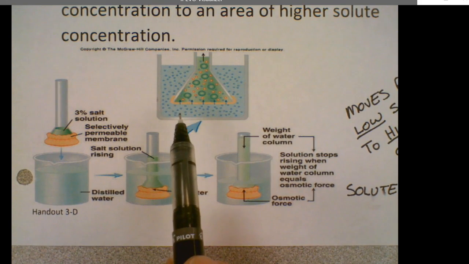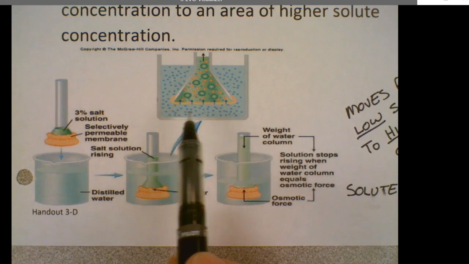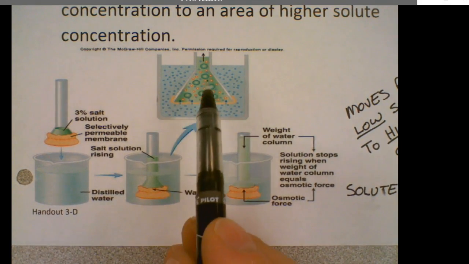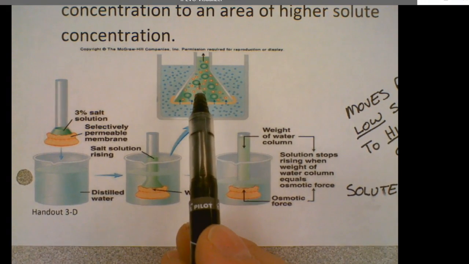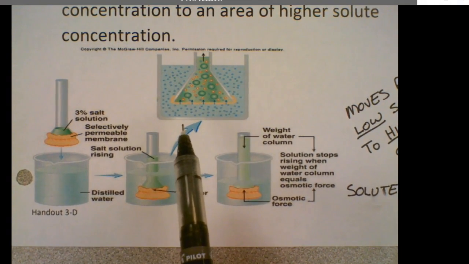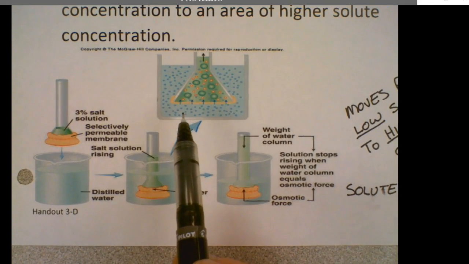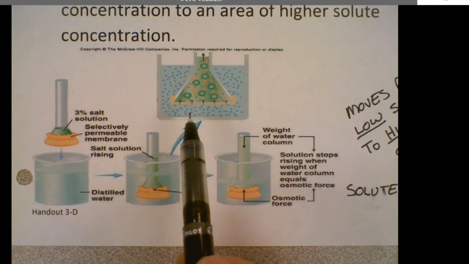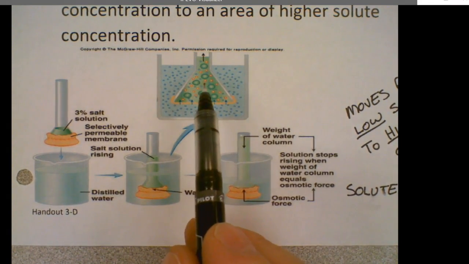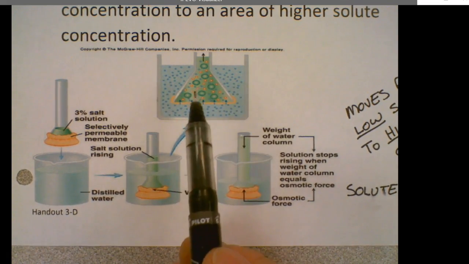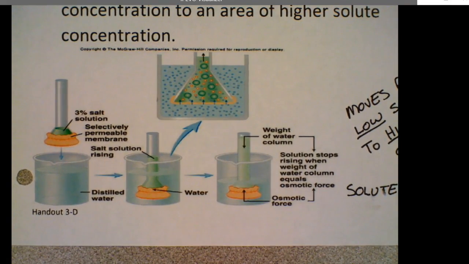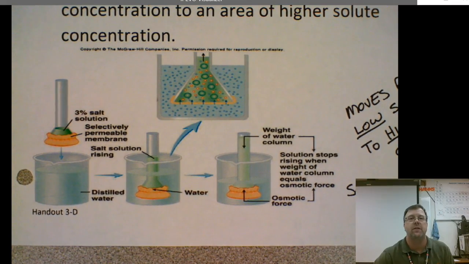So the water is moving from a higher concentration of water to a lower concentration of water where the salt is. But we don't describe it that way. We describe it as we are moving from low salt to a higher salt to balance it out. That is osmosis. And so you need to think about that a little bit and kind of digest what is going on with osmosis.